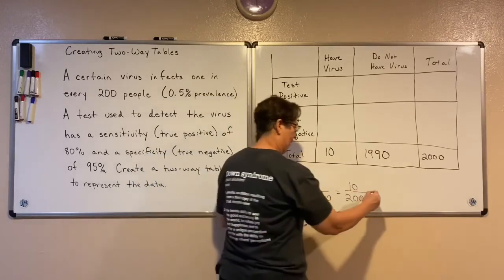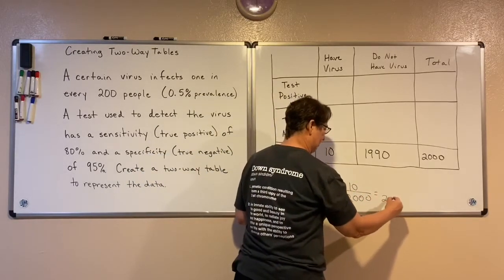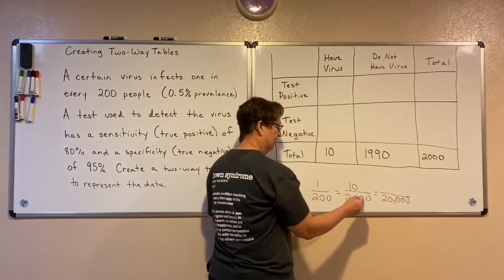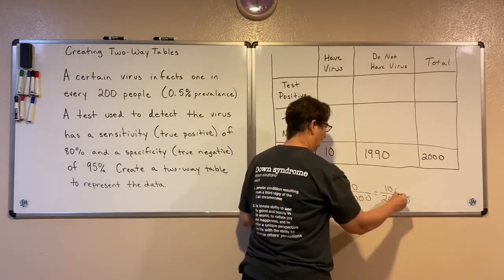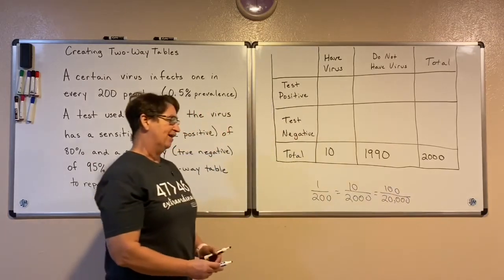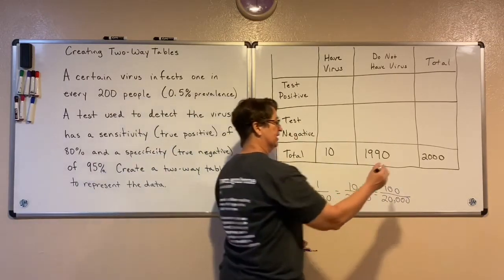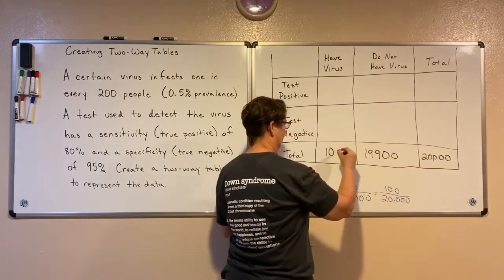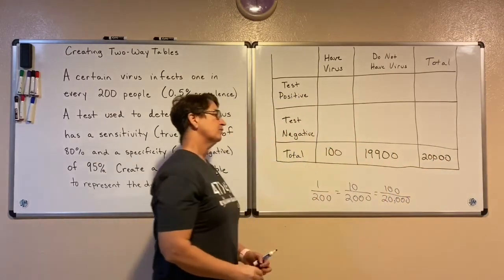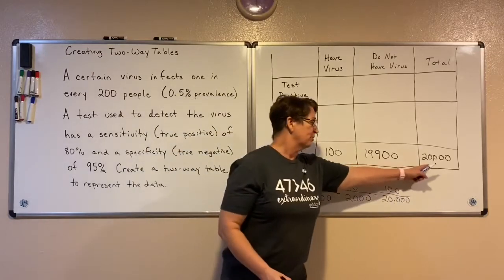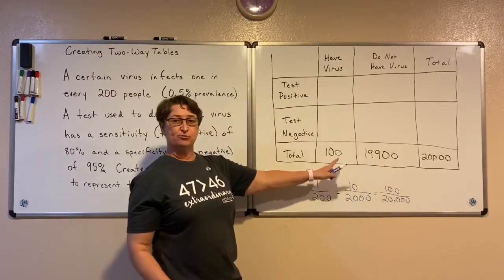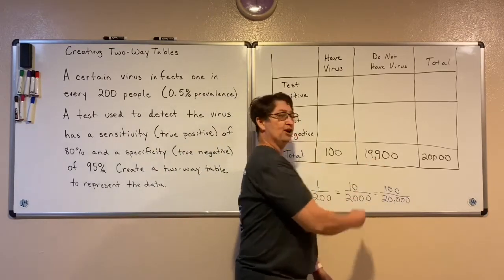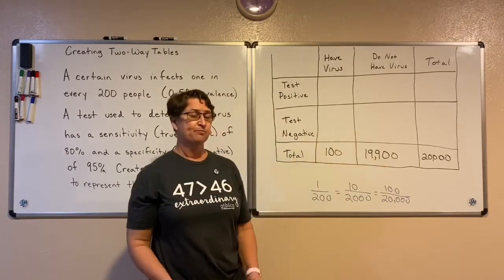Again, if my population is larger, say my population is 20,000 people, then that means that I would expect 100 of those people to have the disease. Again, if I have 20,000, I add a 0 there, I add a 0 there, I add a 0 there. So if there are 20,000 people in my population, then I would expect 100 of them to have the disease and 19,900 of them not to have the disease.